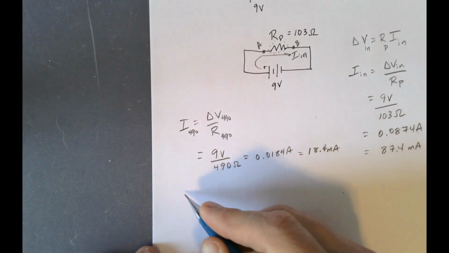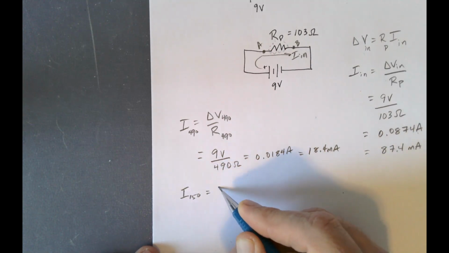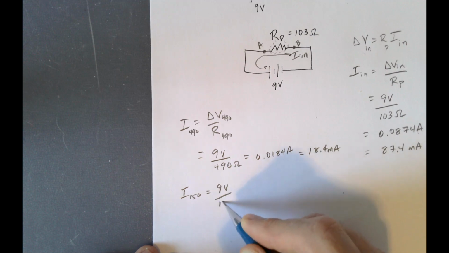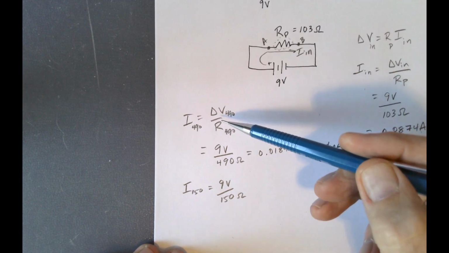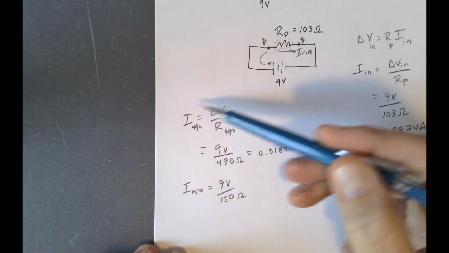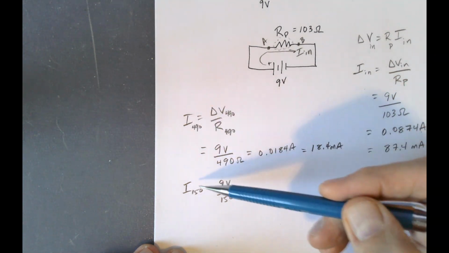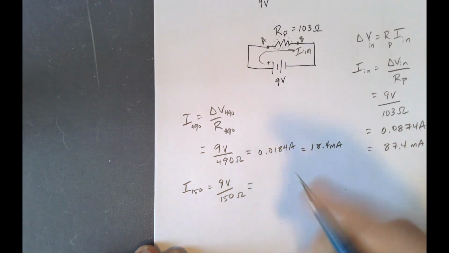I could do the same thing for the I-150, which is 9 volts over 150 ohms. But if I've already shown what the equation is, and here we're just repeating it several times, so if you want to save a little time, I'll allow that to happen.